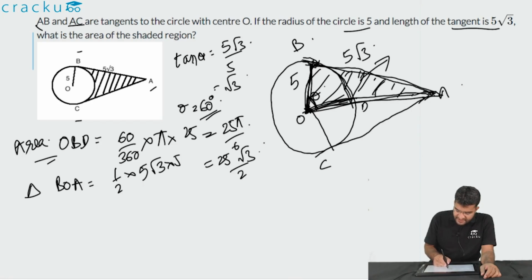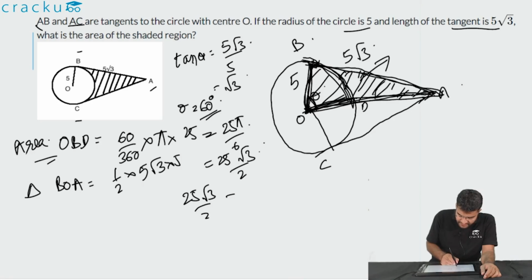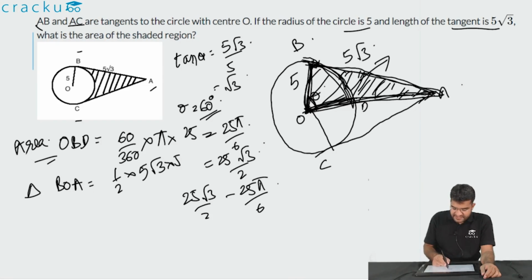Therefore, the area of this shaded region is the difference between these two. That is the area of this triangle minus the area of this sector. So if you are doing that, you will get 25 root 3 by 2 minus 25 pi by 6. But remember that this is only half the shaded region. To get the total shaded region, we will have to multiply it by 2 because of symmetry.